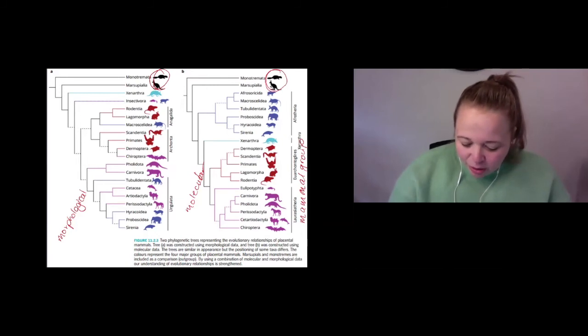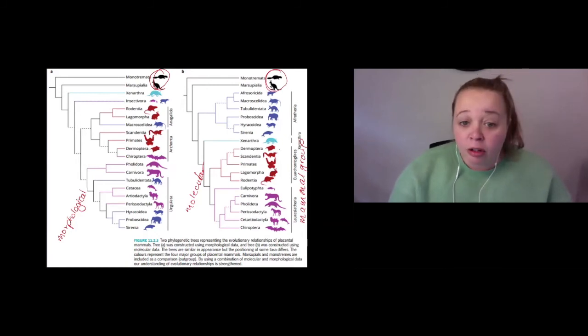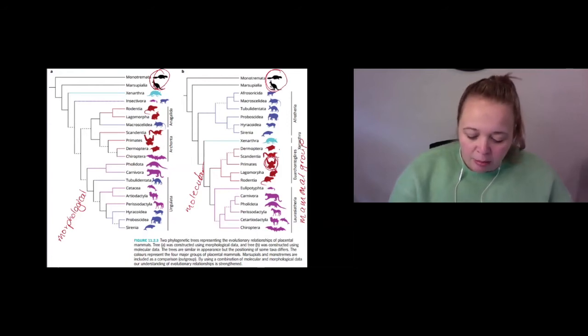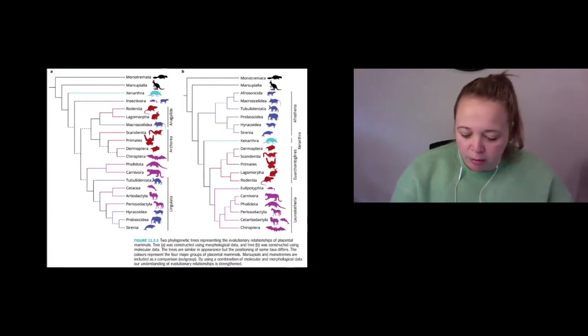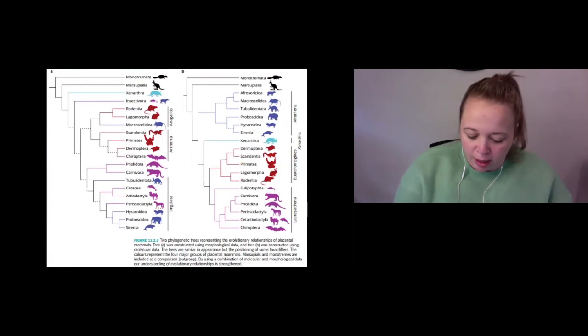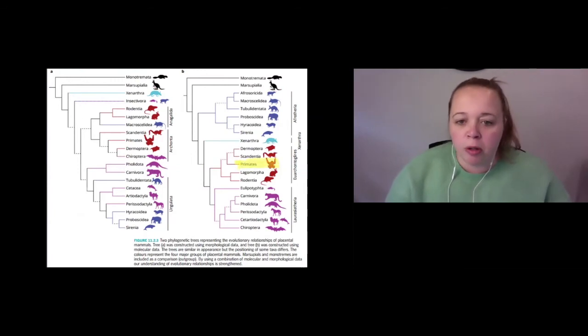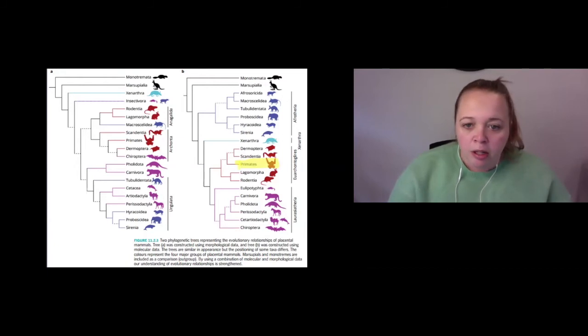All right, so what you can see is that if you look at genetic differences between them, these primates, for example, are the most closely related group to us. So the way to figure out your most closely related group, and I'm going to clear my pen markings and we'll just start again. I'm only going to use this molecular tree, and we want to figure out what's the most closely related group to the primates.